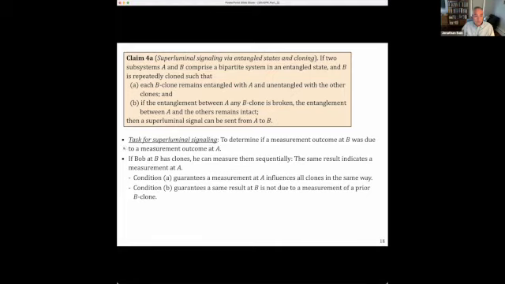Now, the task for superluminal signaling in the context of entangled states is to determine if a measurement outcome at B was due to a measurement outcome at A, right?